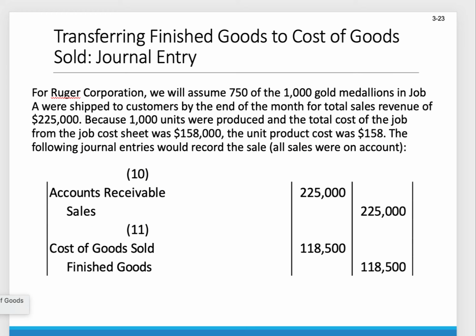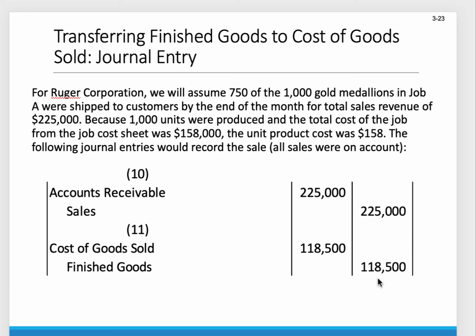so here's how it looks. Here's the journal entry to recognize the sale. Again, notice this bottom one here. This is the main one I'm concerned with, number 11. Recognizing that finished goods is an asset, we need to decrease it. So we're decreasing it by $118,500.